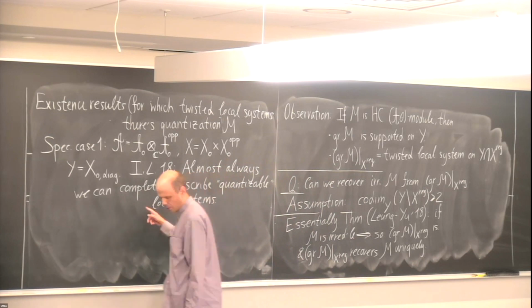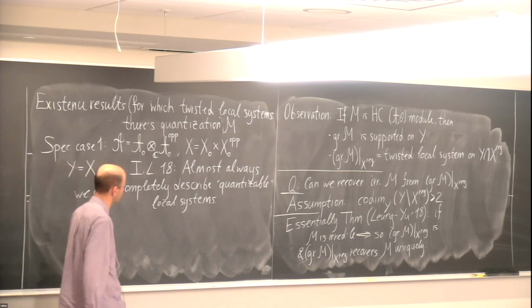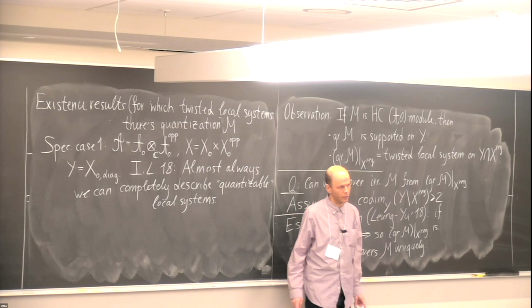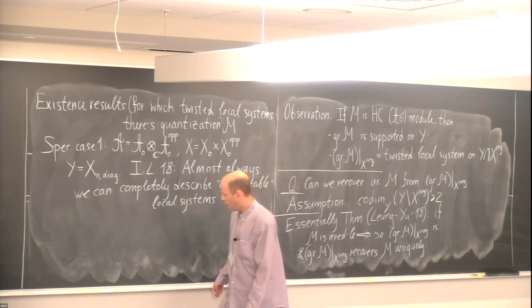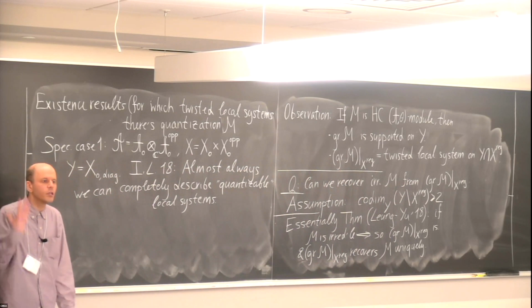I need twisted because in this case there is no twist. Okay, so just almost local systems, they correspond to representations of the fundamental group of this X reg, and this fundamental group is finite.